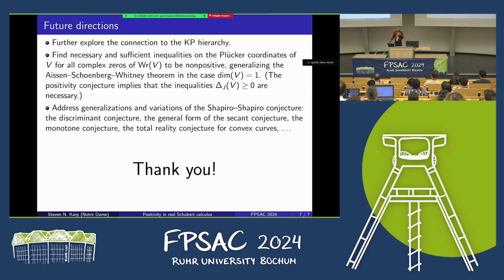So obviously having all negative real roots is much stronger than having positive coefficients, and there's a theorem called the Aissen-Schoenberg-Whitney theorem that characterizes in terms of the coefficients when all the roots are negative and real. So I think it would be interesting to try to generalize those to Pluecker coordinates. So in the positivity conjecture, we should actually have much stronger conclusions than the Pluecker coordinates being positive.